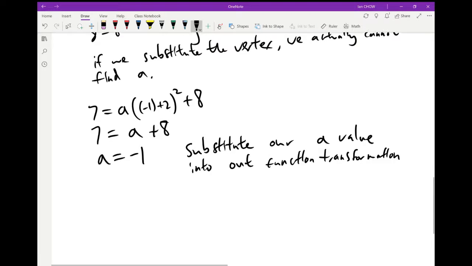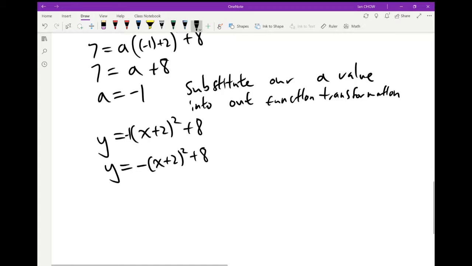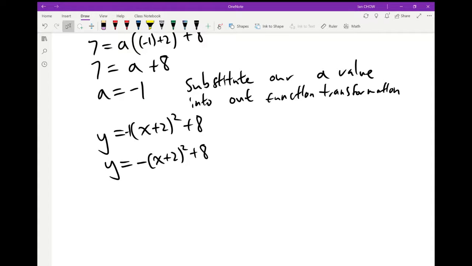And so y is equal to a, which is -1, and then we have x plus 2 whole squared plus 8. And so -1 times anything is just the negative of that. We don't need to write the 1. So y is equal to negative x plus 2 whole squared plus 8. This is our function. This is our equation, function equation in vertex form.